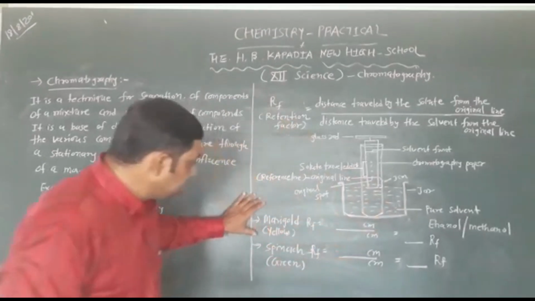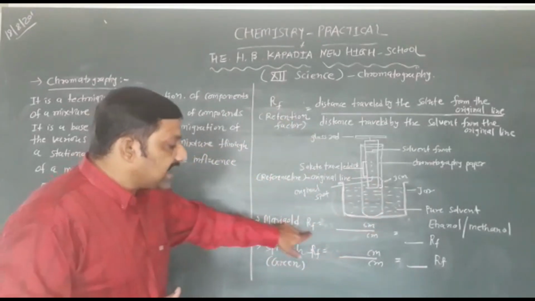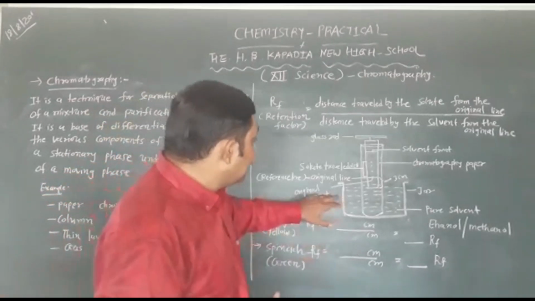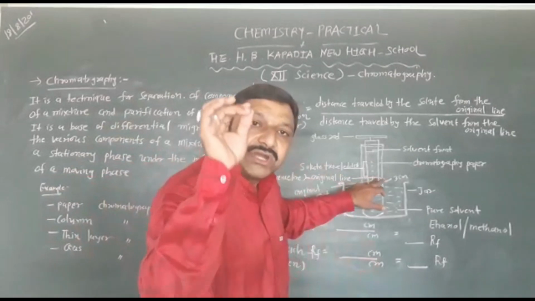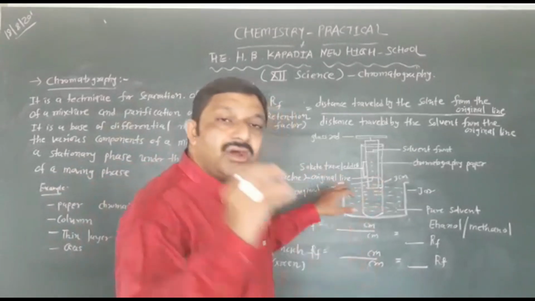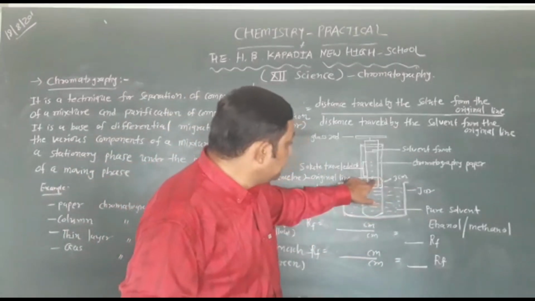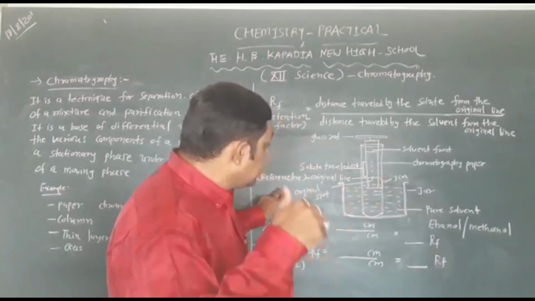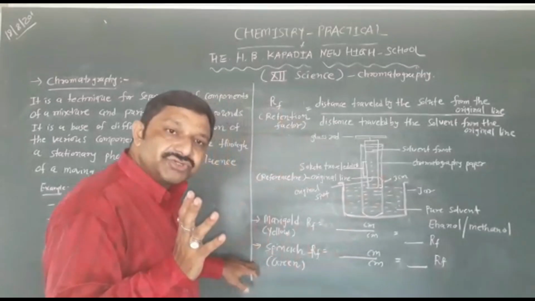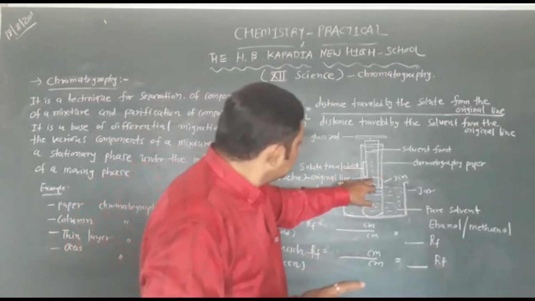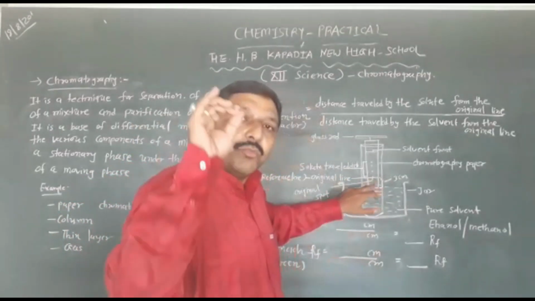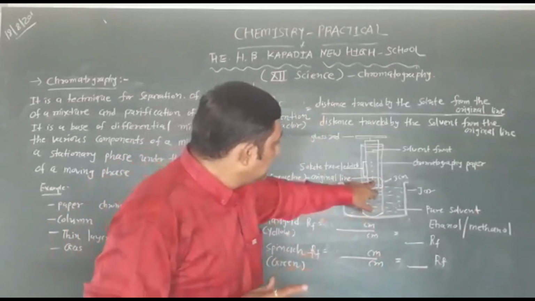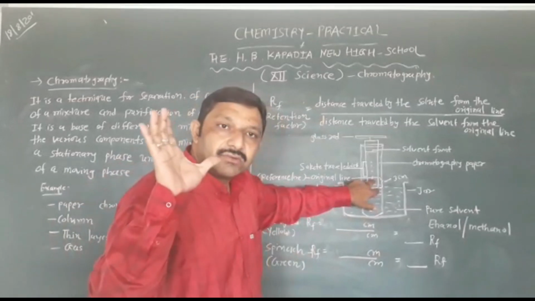So we are using marigold RF value and spinach RF value. You have to put a dot of marigold solution in the middle, and in case of spinach solution, follow the same rules.